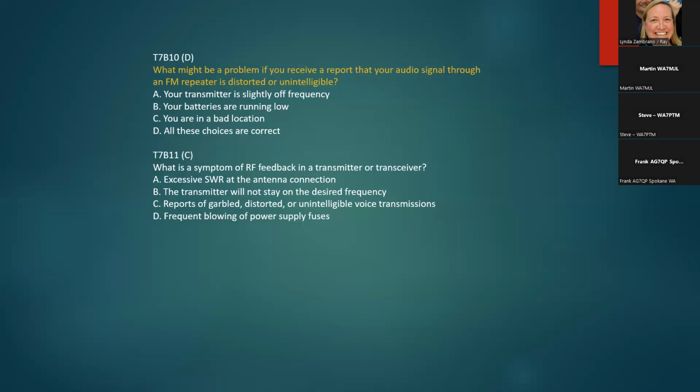But all of those answers are correct, as they could possibly be reasons why your signal is being distorted.